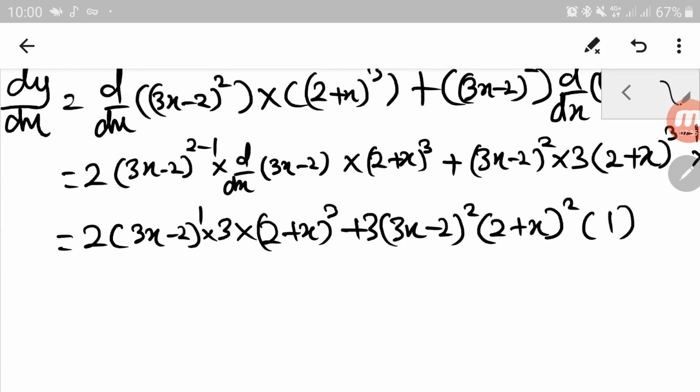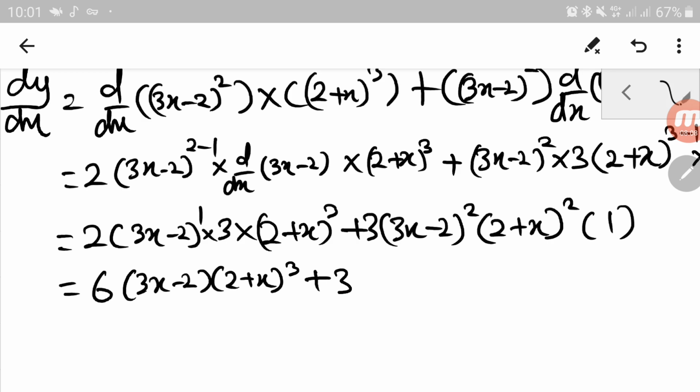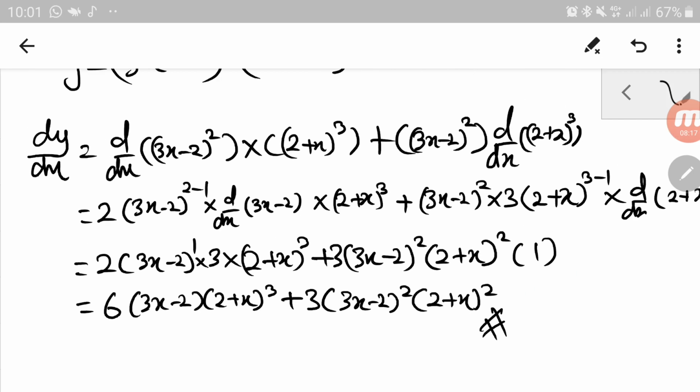Okay, so we can simplify it further. This one is 6(3x minus 2)(2 plus x) cubed plus (3x minus 2) squared (2 plus x) squared. Okay, so this is the answer.